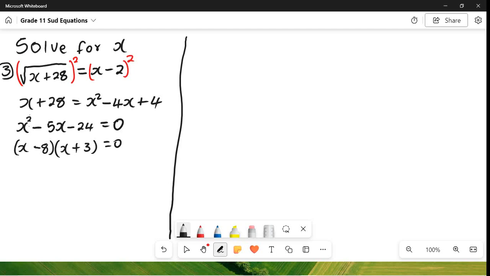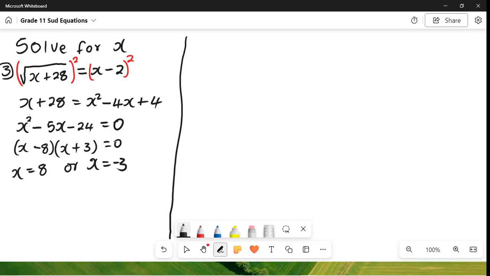That's because minus 8 times 3 equals minus 24, and minus 8 plus 3 equals minus 5. So in that case, our value of x equals positive 8 or negative 3.